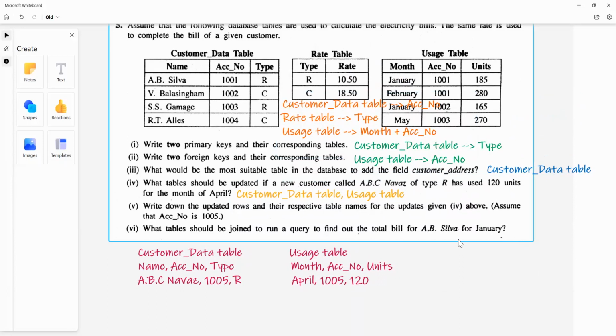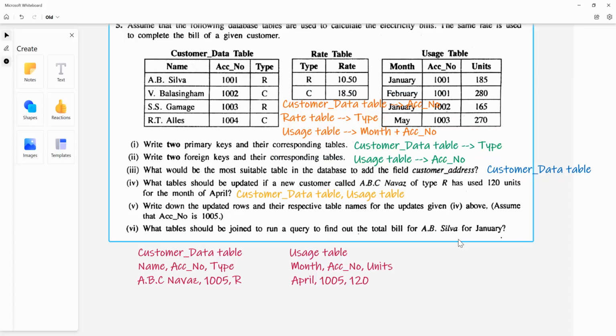And then you look at the account number. AB Silva's account number is 1001. You go to the usage table, and this is for January. That means the account number is 1001, and then we have 185 units gone, let's say.